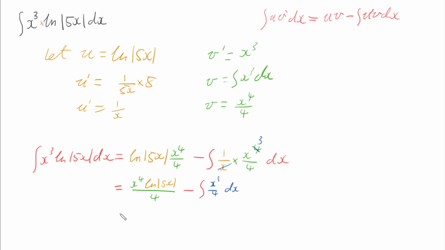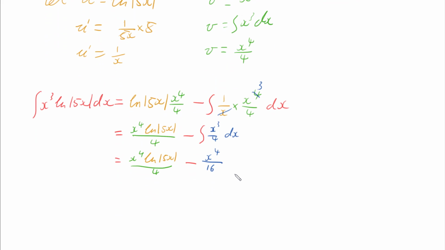So performing this integral, it means we've got x to the 4 ln of 5x all over 4 minus x cubed becomes x to the 4 on 4, but it's already on 4, so we get on 16.